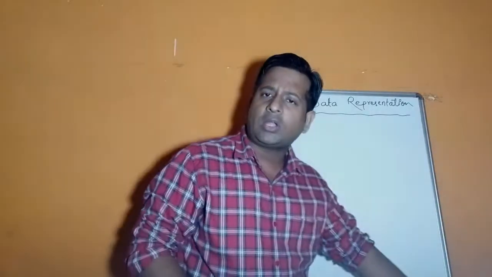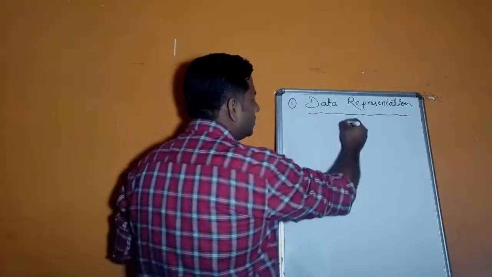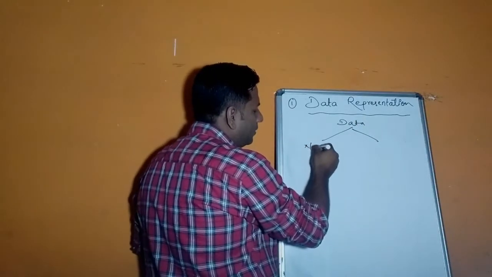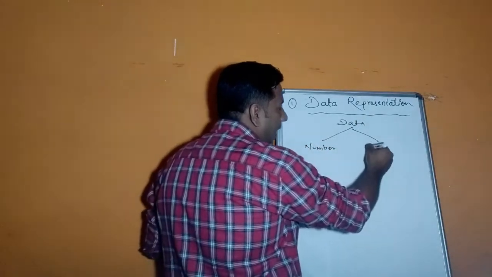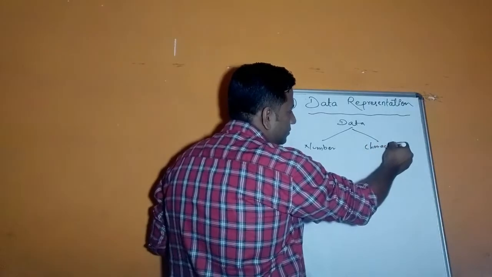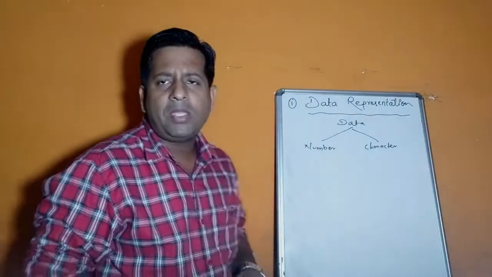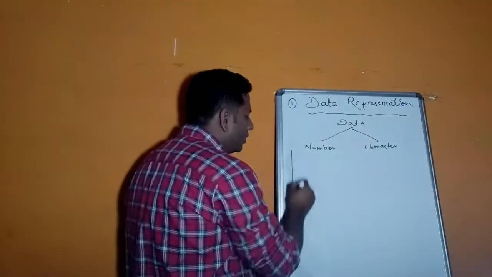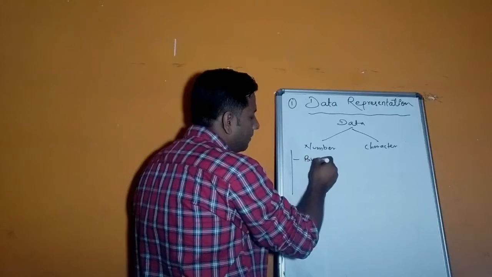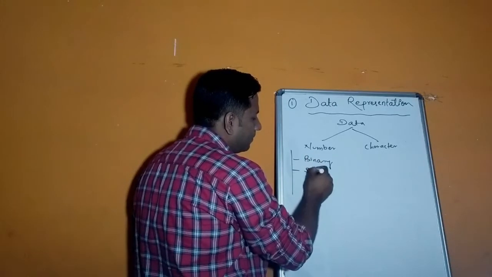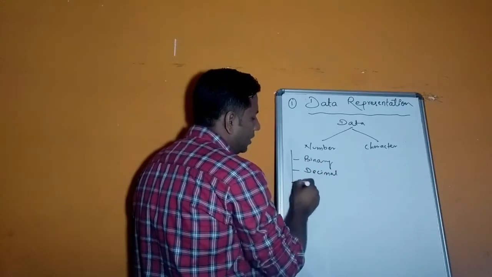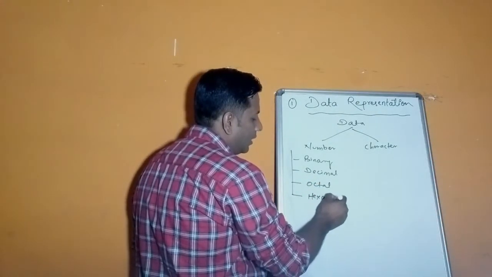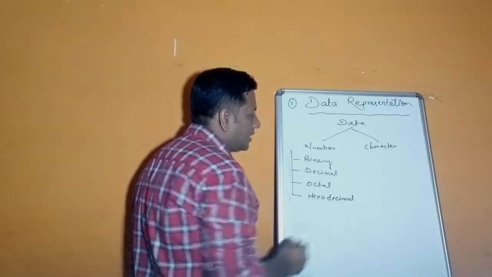Now, when we talk about data, it can be both number and character. For numbers, there are four different ways: binary, decimal, octal, and hexadecimal.